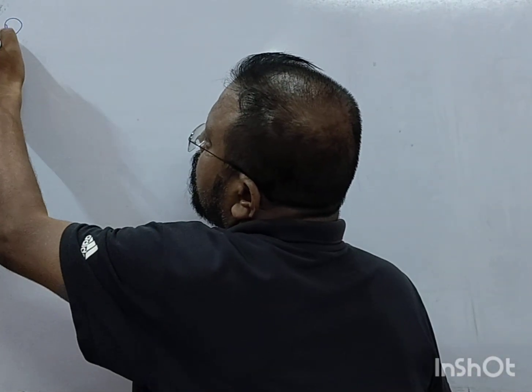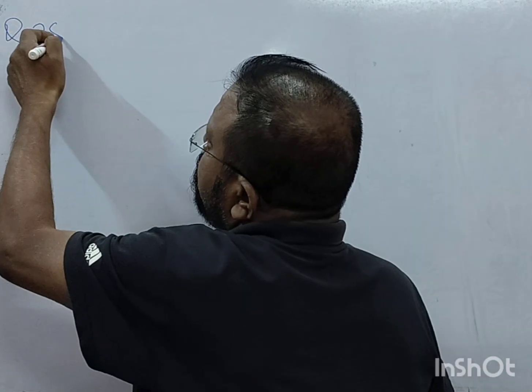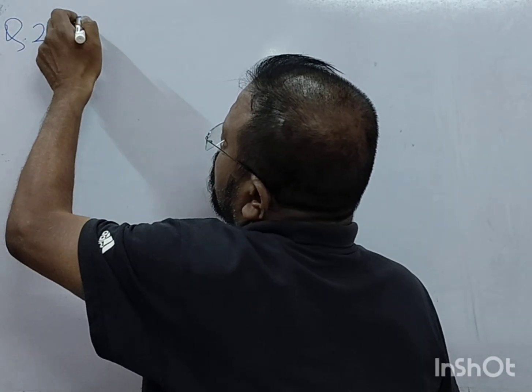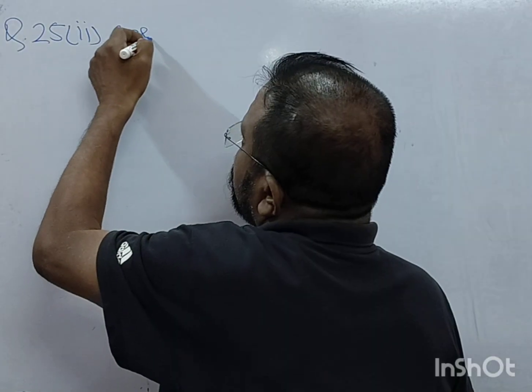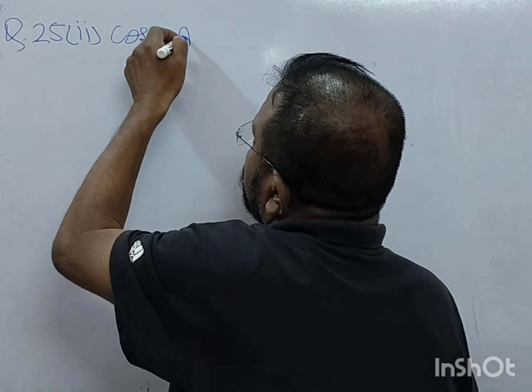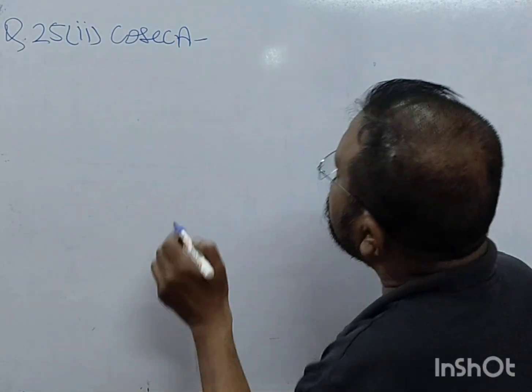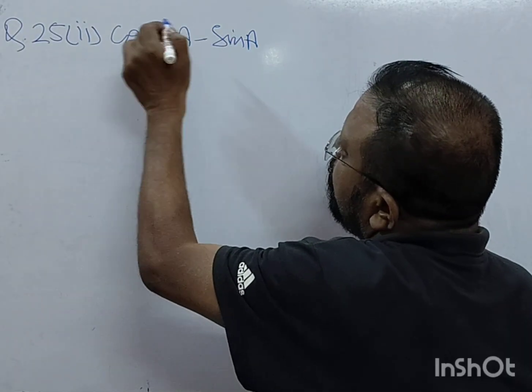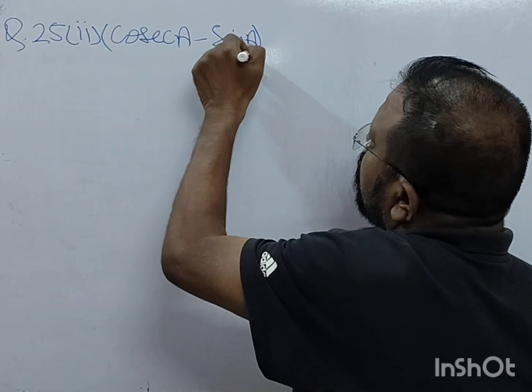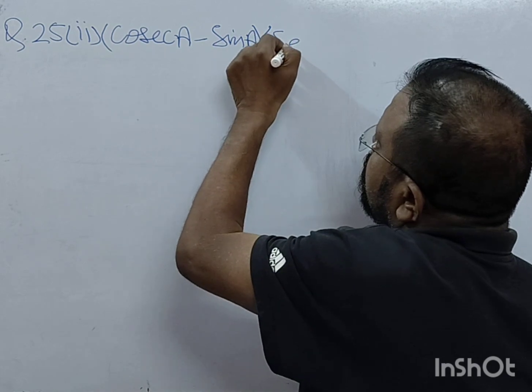Cosec A minus sin A, bracket of sec A minus cos A. Question number 25, part 2.